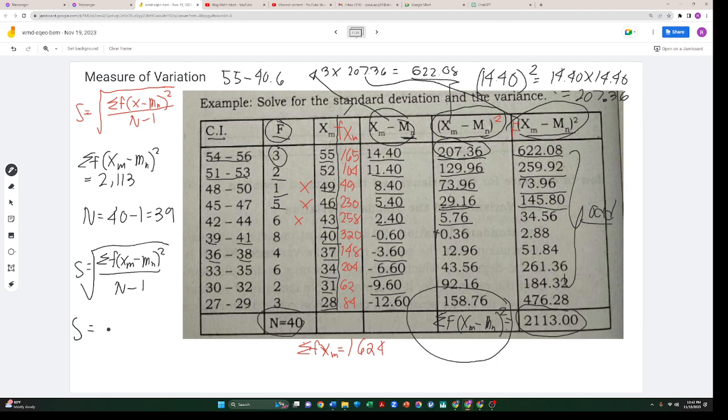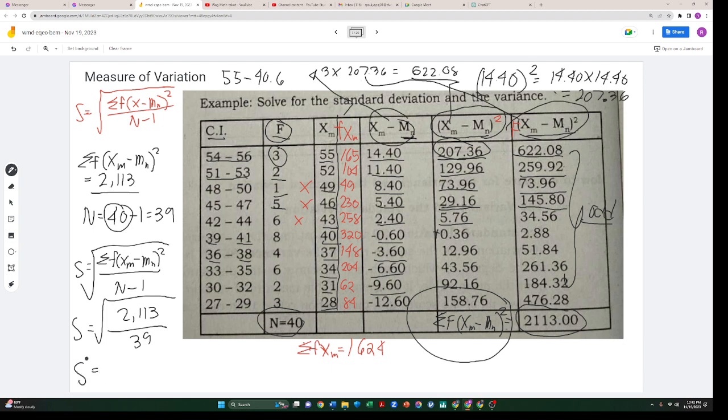Okay, s. So, pila gani ni? Which is 2,113. Then, n minus 1 nato. N nato kay 40. Then, minus 1 nato. Kay mo maning formula, minus 1. So, 39 na lang. So, therefore, calculator. Dili na magduwa-duwa. Pila man.